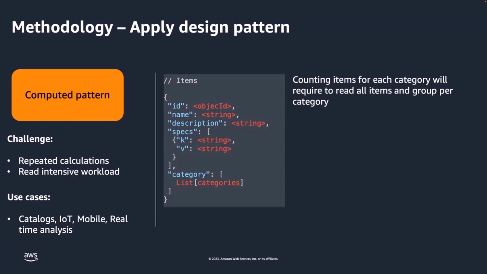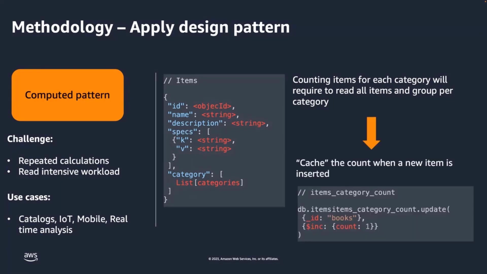Instead, you can cache the count whenever a new item is added or an existing item is removed. Yes, that will require an additional write query, but most applications are read heavy. And this way you are reducing or avoiding repetitive processing, and queries will become simpler and faster.